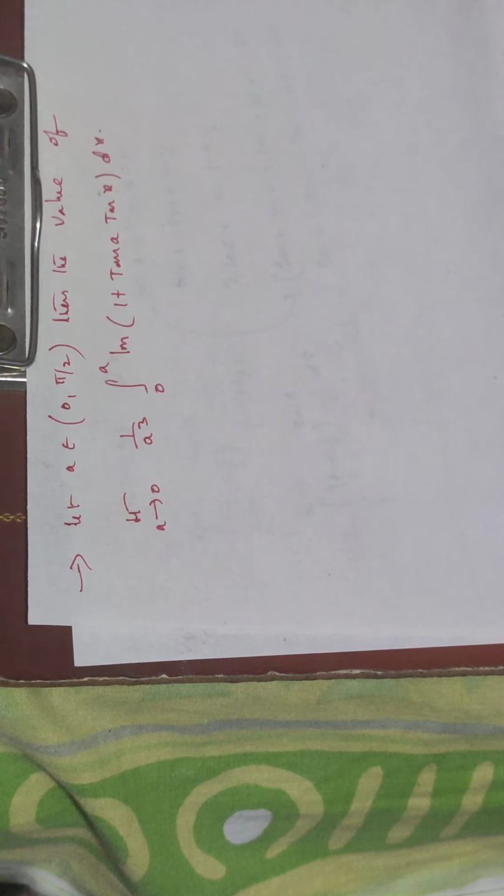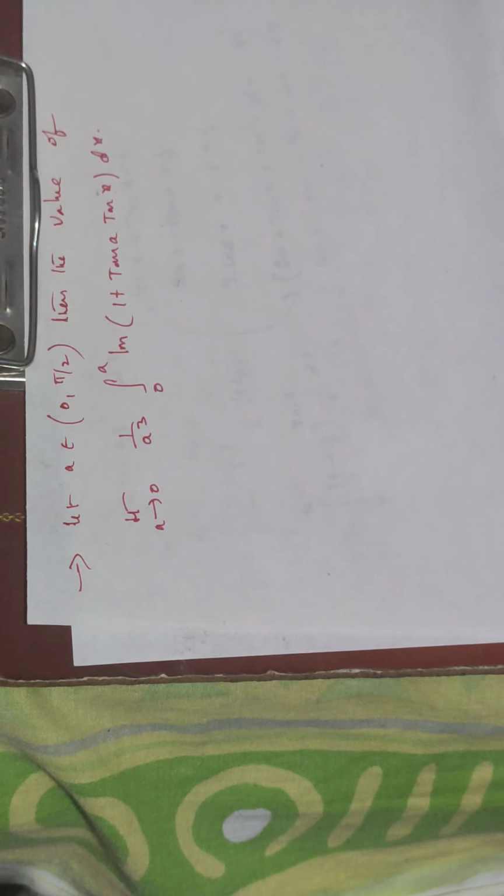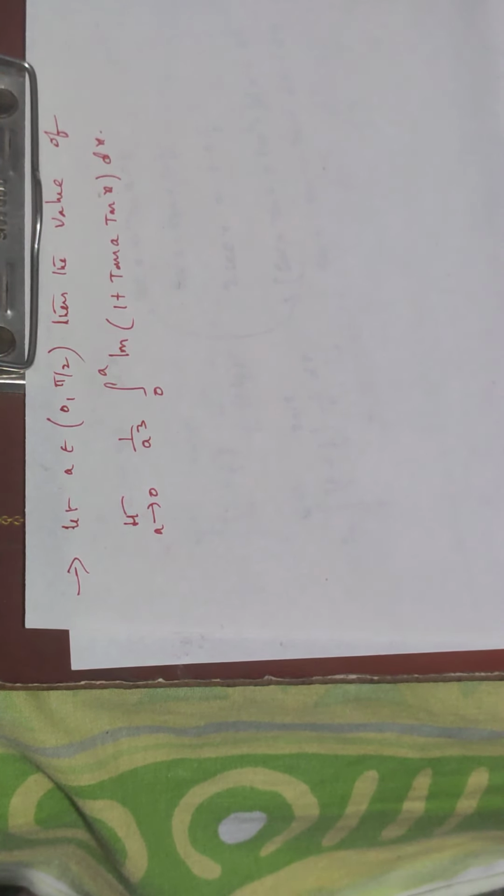Next one. Let a belong to 0 comma pi by 2, then the value of limit a tending to 0, 1 by a cube into integral 0 to a ln of 1 plus tan a into tan x dx. So this is actually the given problem.